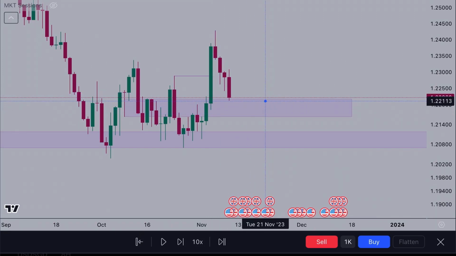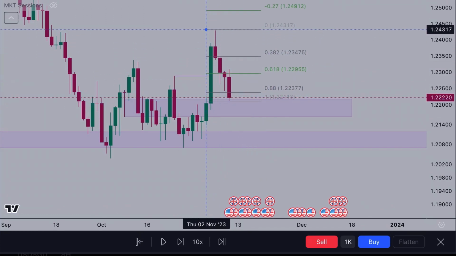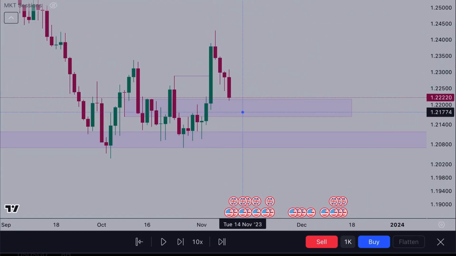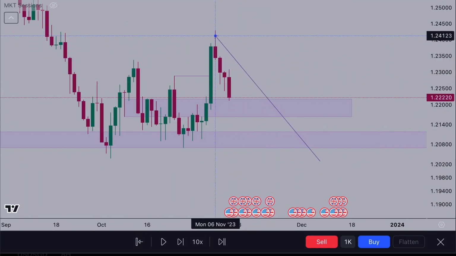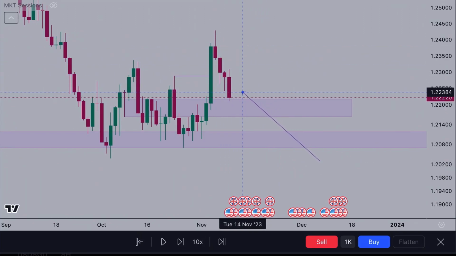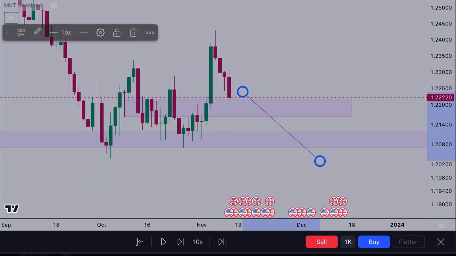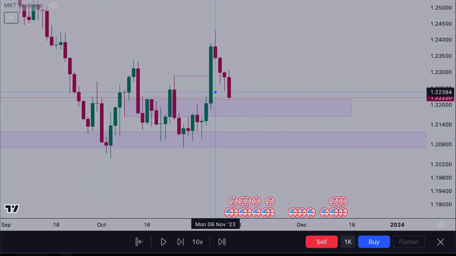One thing with drawing the Fibonacci is you draw it in the opposite direction of the creation of the candles. Right here, we see the correction, the candles are forming to the downside. So we are going to draw our Fibonacci in the opposite direction of the creation of these candles.